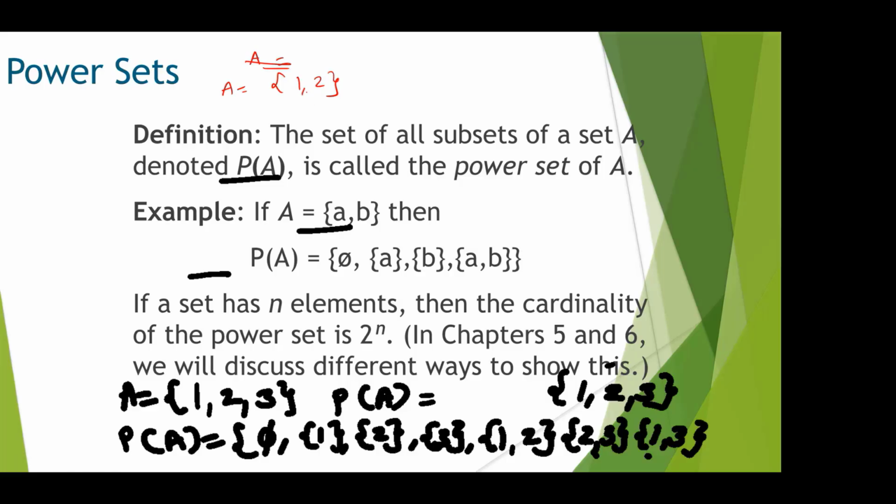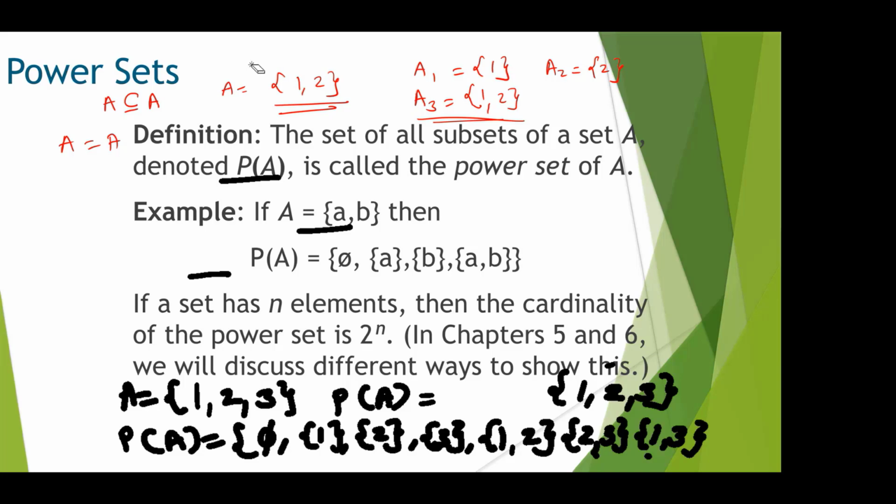So we know that if we have a set, let's say A1, which only has 1, then that will be a subset of A. If we have another set A2, which only has 2, that will also be a subset of A. If I have another set A3 having 1 and 2, that will also be a subset of A because we know that A can be a subset of itself because of the equality. So there is a possibility that A is equal to A. So the same set is also a subset of itself.